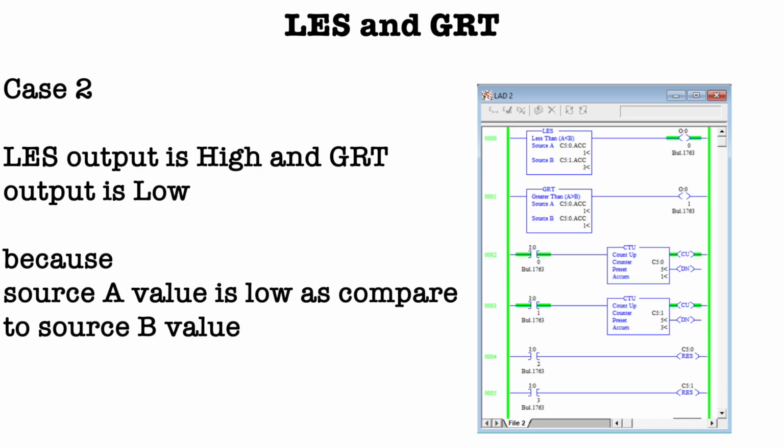And you can see in the next condition, when I'm again changing the states of my counter values, the source A accumulator value is greater than the source B accumulator value, so my GEQ provides the output, that's why the output O:0/1 becomes high, right?